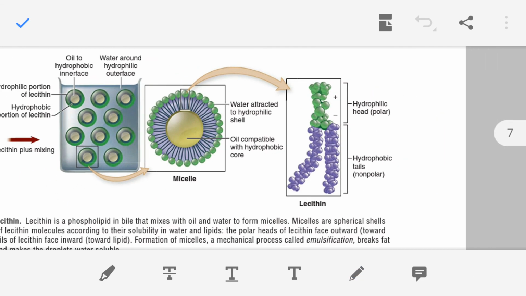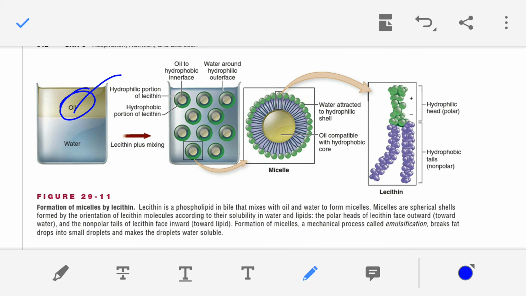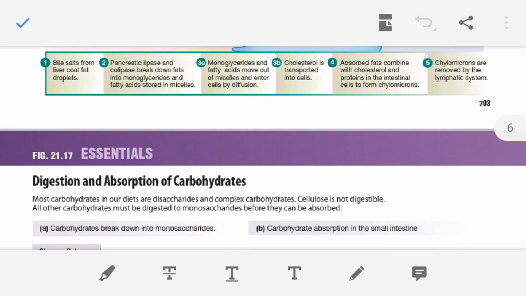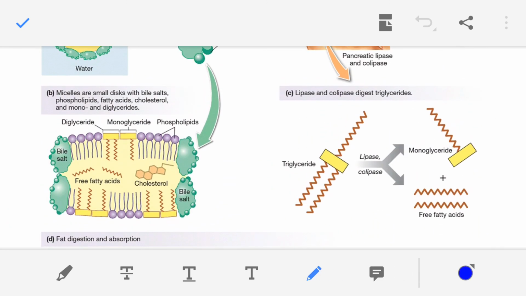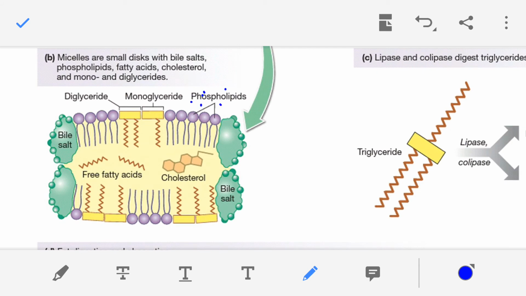Now in the micelle formation, we can understand, instead of oil, there is the lipid digestion product, and around this lipid digestion product you see the arrangement of the head and tail. So the head is hydrophilic, and the head is towards the aquatic phase.